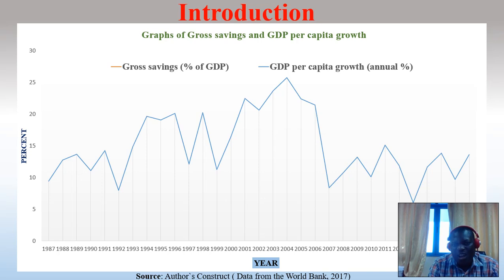And all these things have implications, especially for what policies were put in place, in what environment the economy was being managed, and what productive activities were taking place at that period.